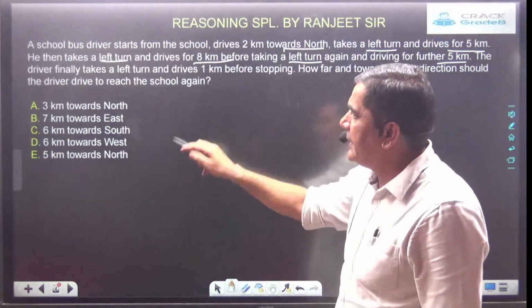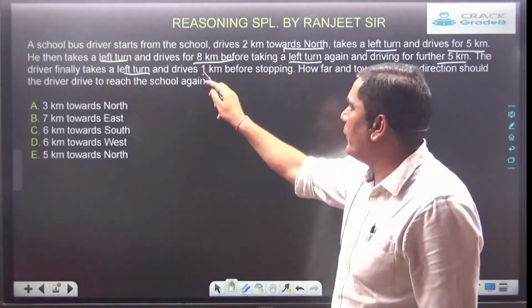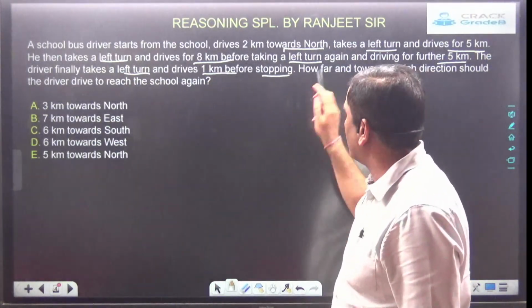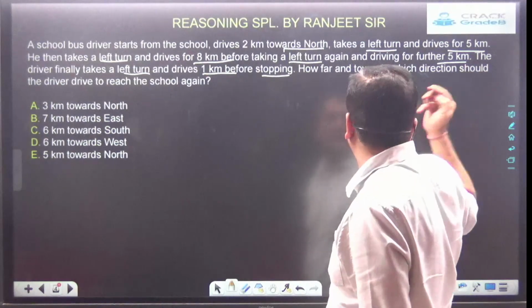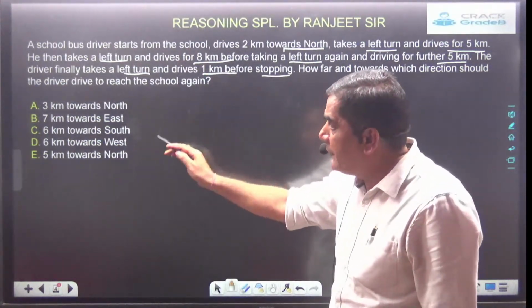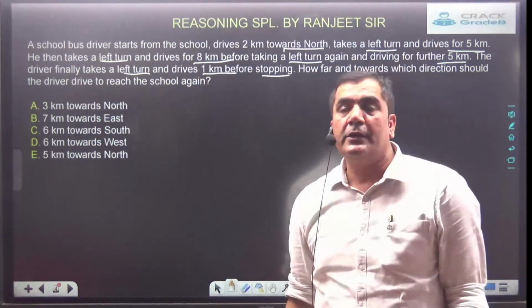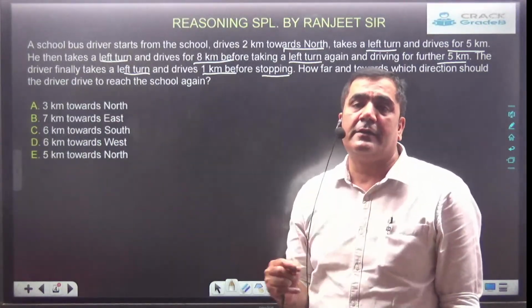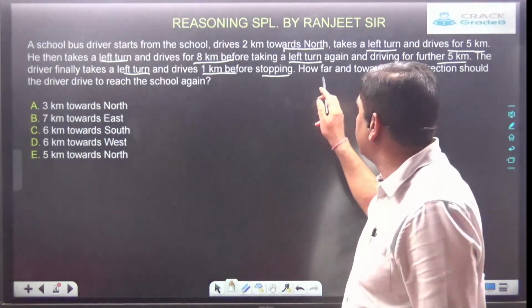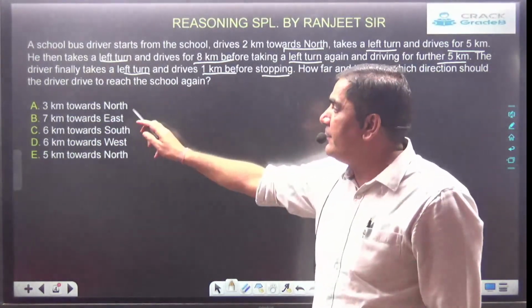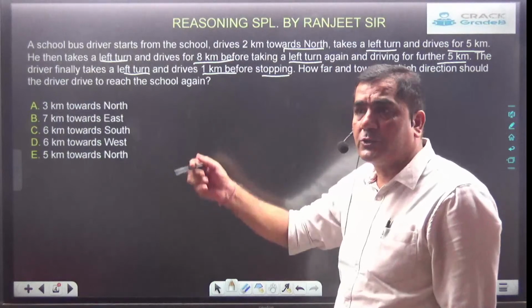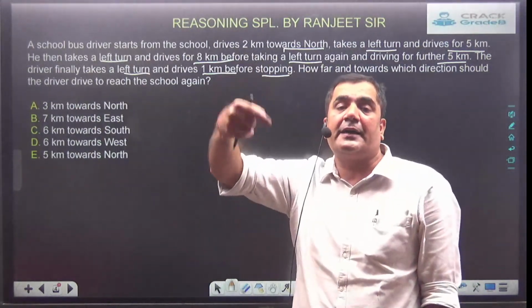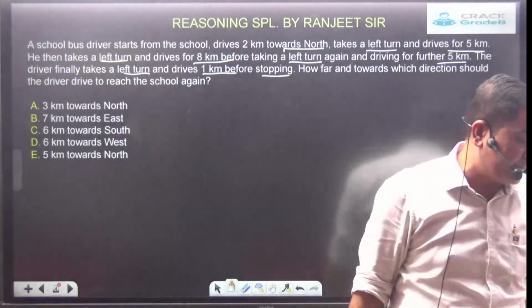The driver finally takes a left turn and drives 1 kilometer before stopping. Now the question is, how far and towards which direction should the driver drive to reach the school again? So here they are asking the direction from final to initial. How to get the answer for this one?